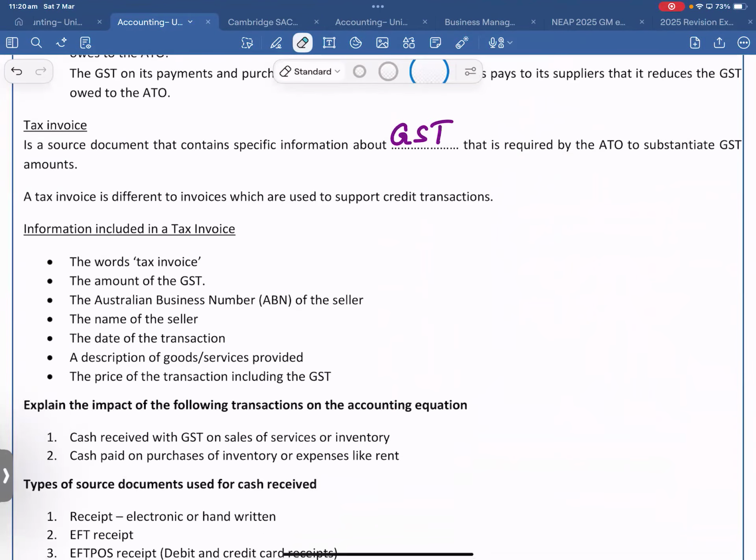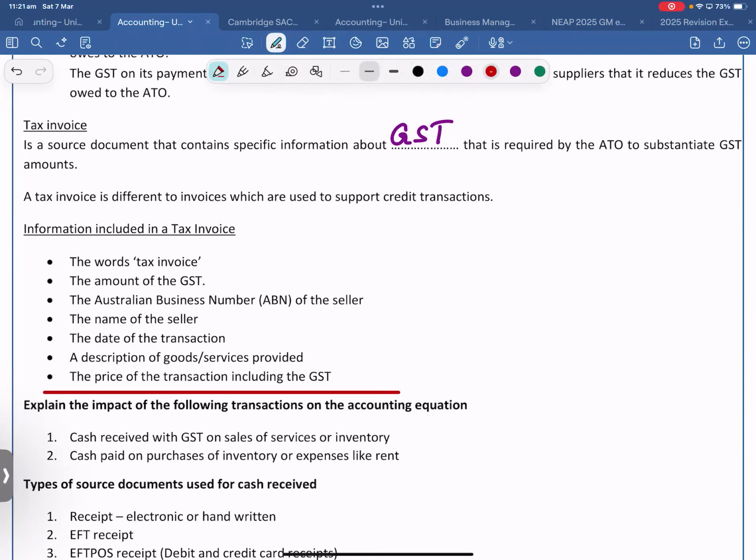Tax invoice. Yeah, please read this part up to here.